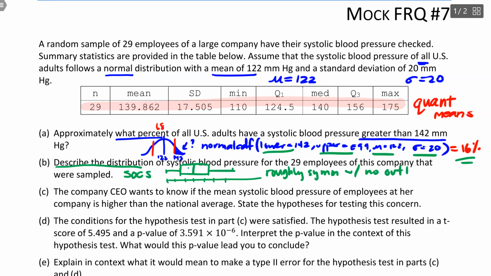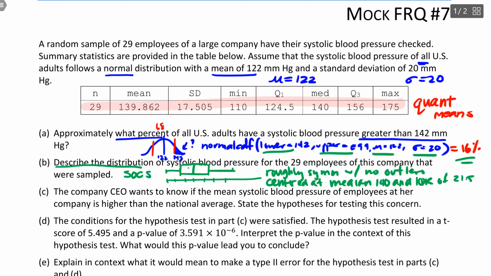So we got the first two pieces of SOCS done. Centered at a median of 140, I'm going to go ahead and use median since we used that to make this cute box plot, and has an IQR of whatever 156 minus that is, 21.5.